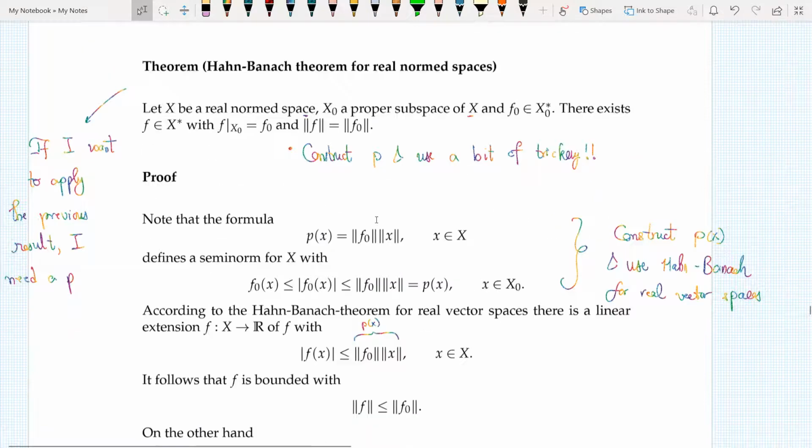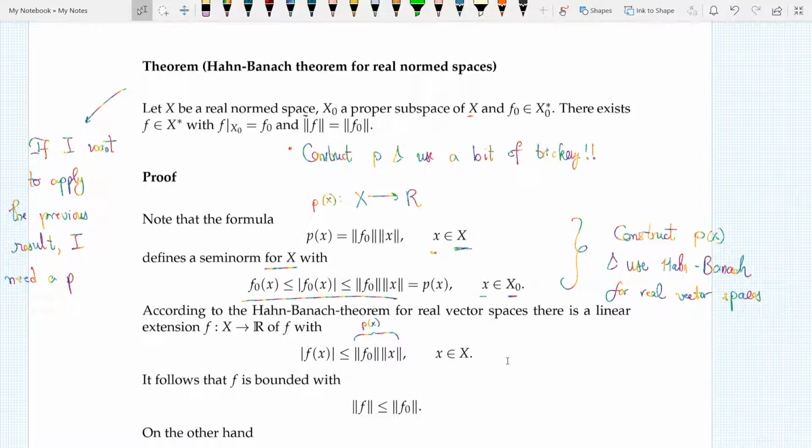So P of X equals the norm of F0 times the norm of X, for every X belonging to capital X. This is important because now my P is defined from X to R. It defines a semi-norm on X. Now, if I have X belonging to X0, then of course this property holds.